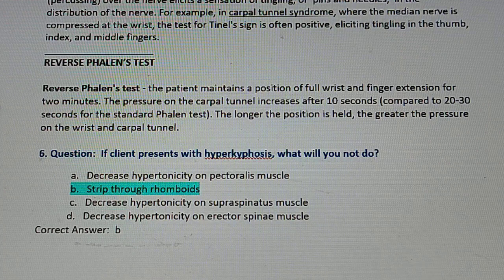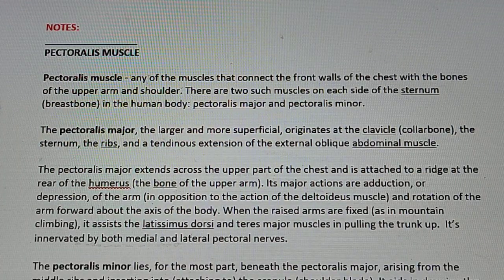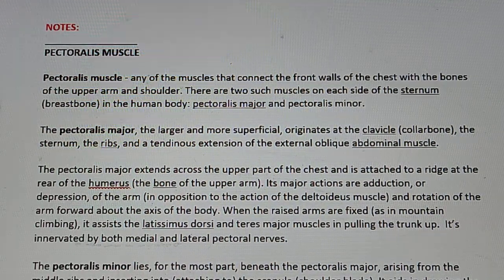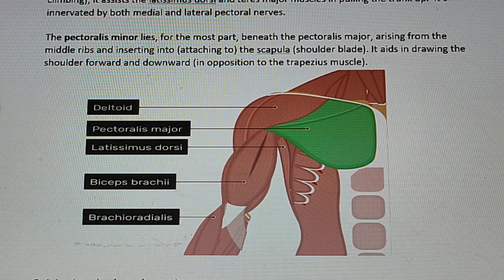Okay, good. So I have here the notes giving you some information about all the muscles that are in the choices. We have here the pectoralis muscle. So just read on this information. Okay, we have here a picture of the muscles.